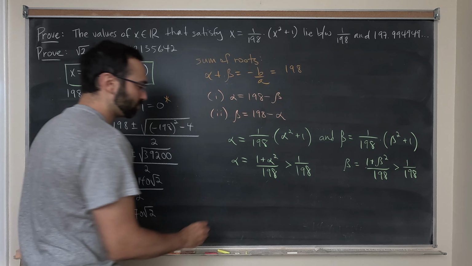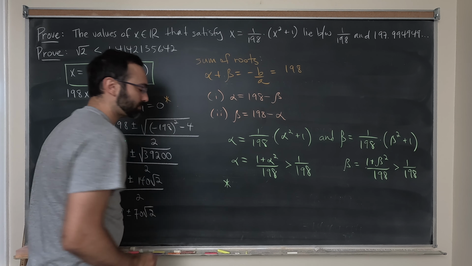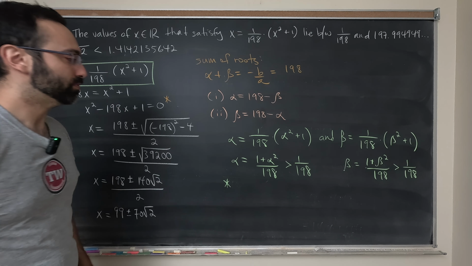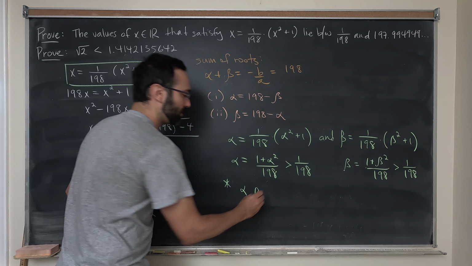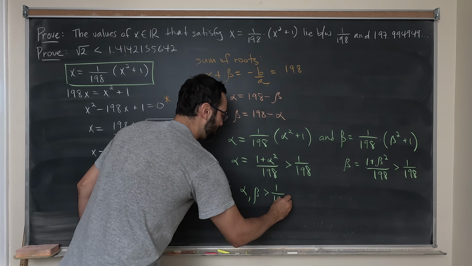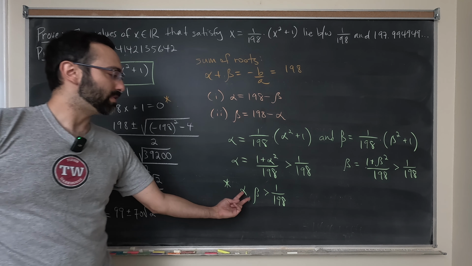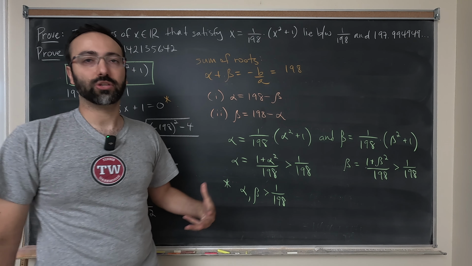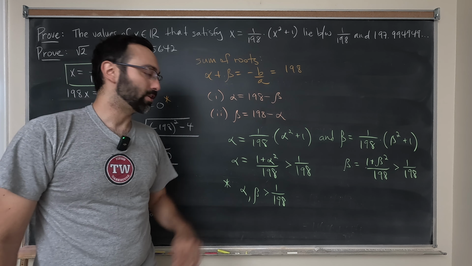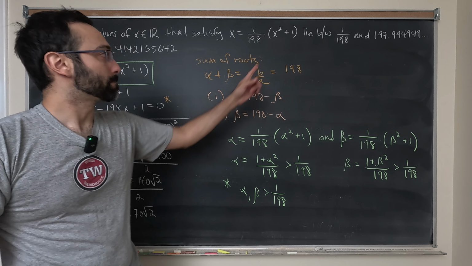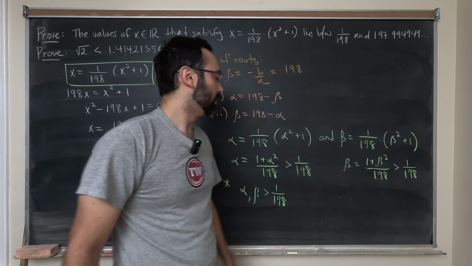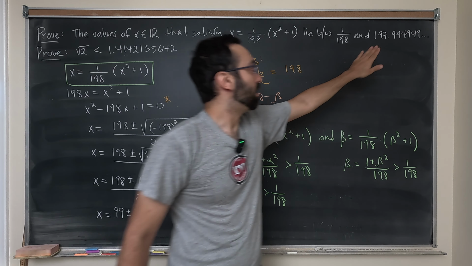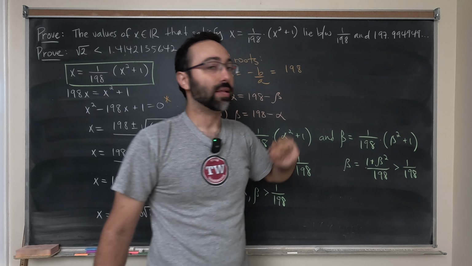So at this stage, we've obtained half of our proof that alpha and beta are both greater than 1 over 198. These values, these roots which satisfy our quadratic equation, are greater than 1 over 198. And so this is the lower bound of what we're looking for in our proof. Okay, well let's continue and find out how to get this upper bound.